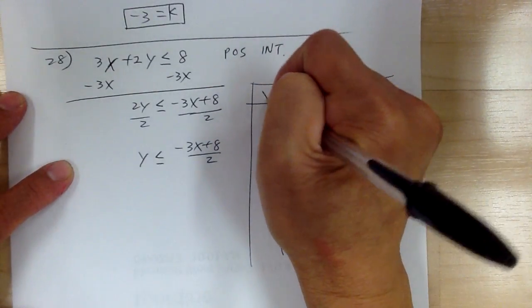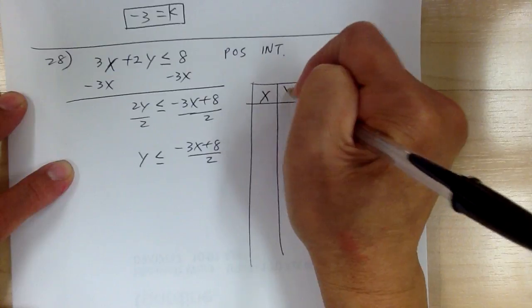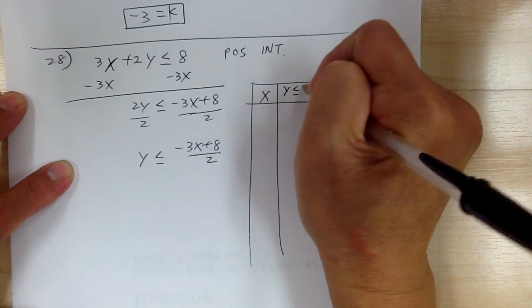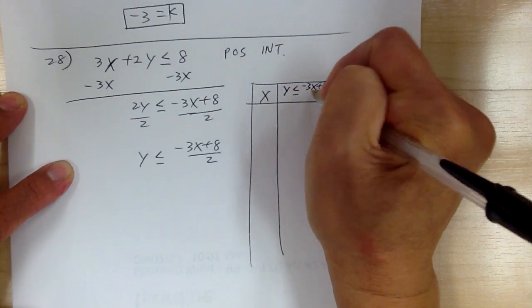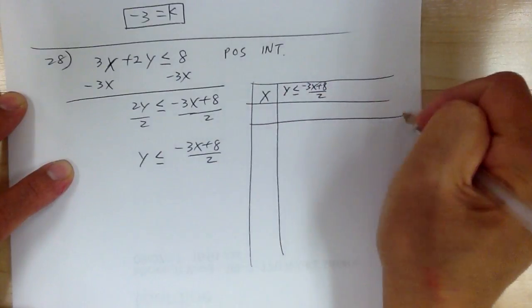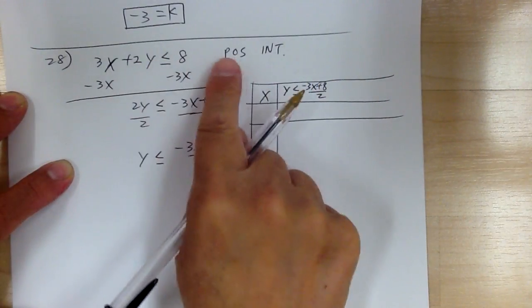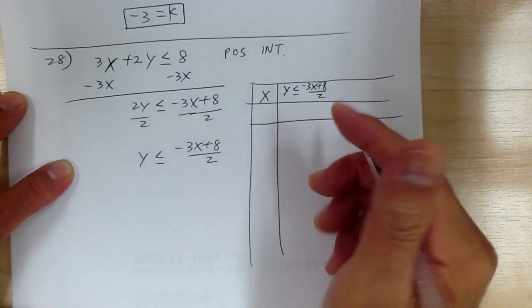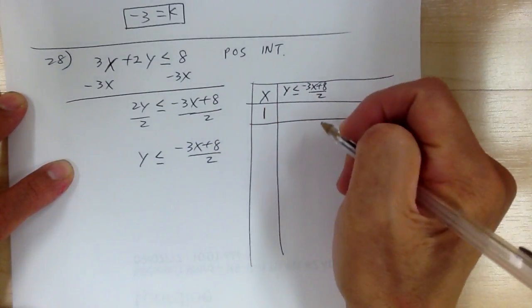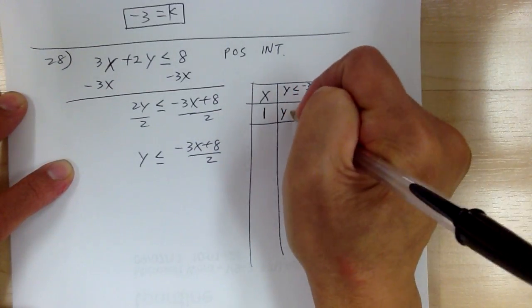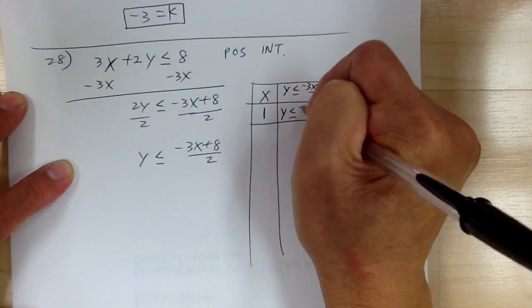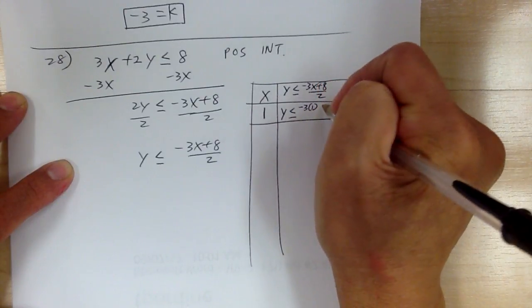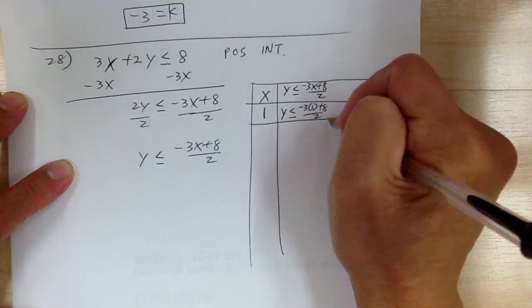Here is the value of x, and this is y is less than or equal to minus 3x plus 8 over 2. That's your formula. Now remember, both x and y have to be positive integers, so you start with 1. Make sure you follow through. y is less than or equal to negative 3 times 1 plus 8 over 2.